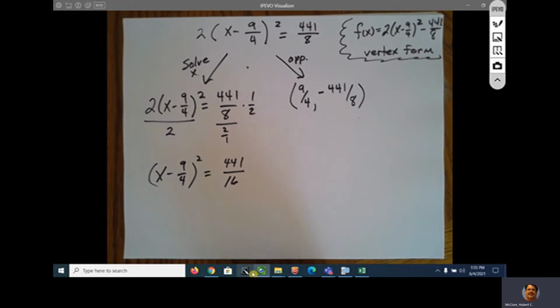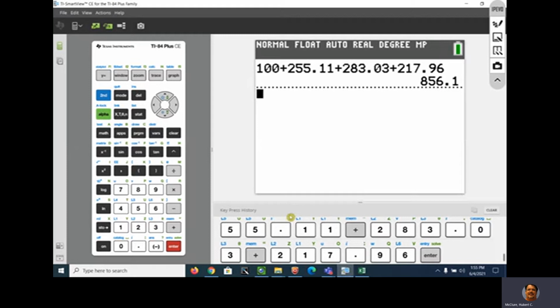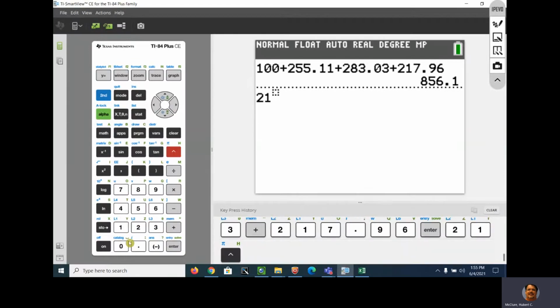Now I have no idea. Let's see what 21 squared is. That's the only thing I could come up with on 441. So where's my calculator? Let me just go here and do it. 21 raised to the second power. There it is. So we know that that's a perfect square. I thought it was. So I'm going to take the square root of both sides.